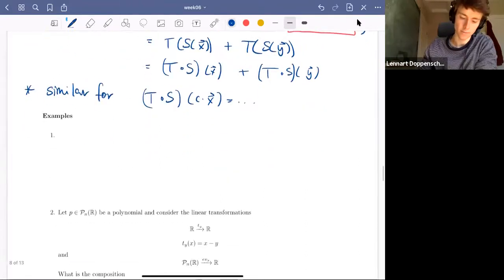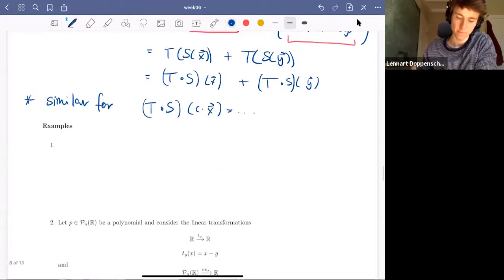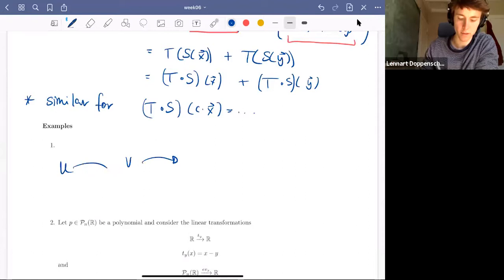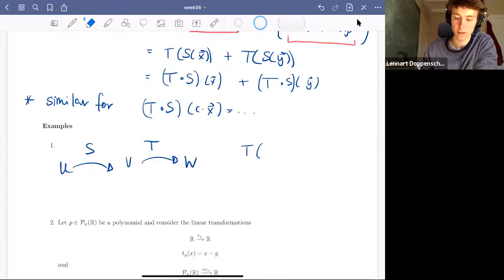So let's look here at what happens. S goes from U to V and T goes from V to W. Does it make sense to write T composed S of, I guess, v?